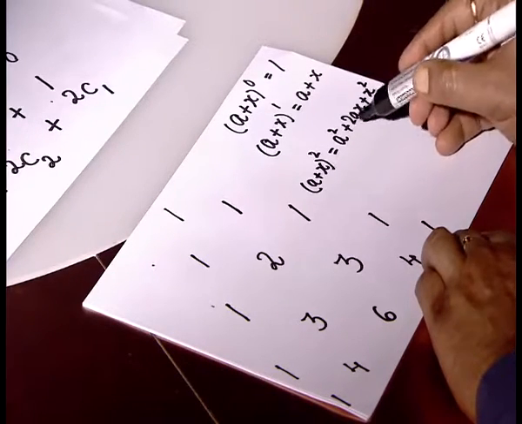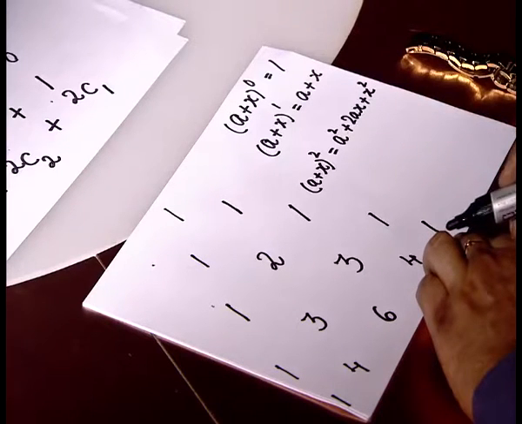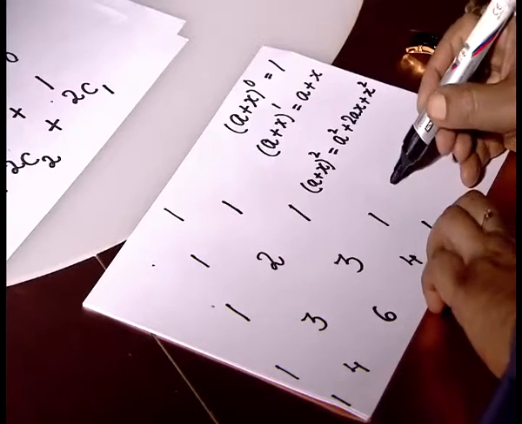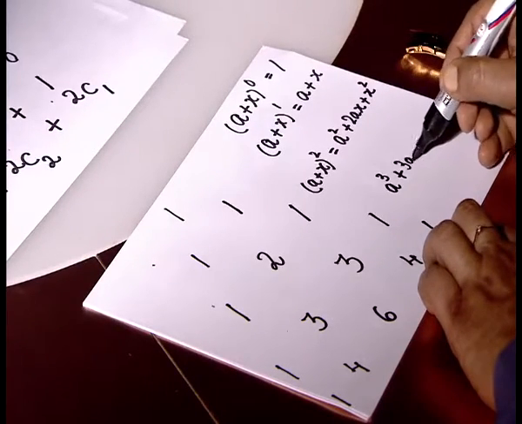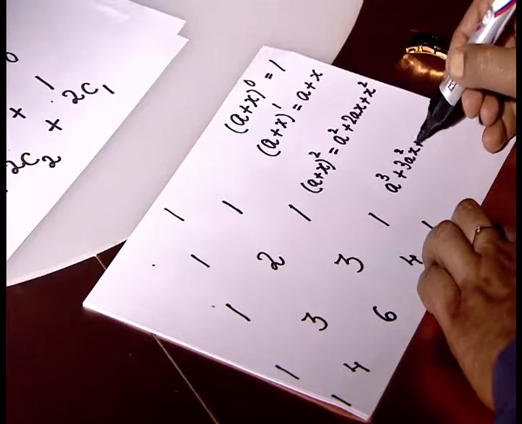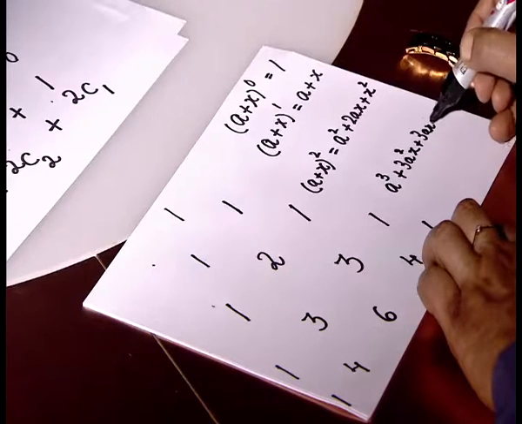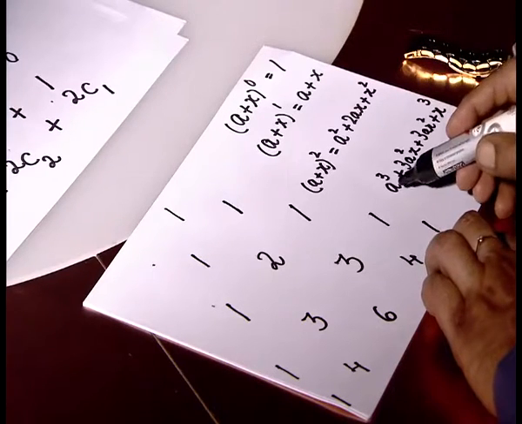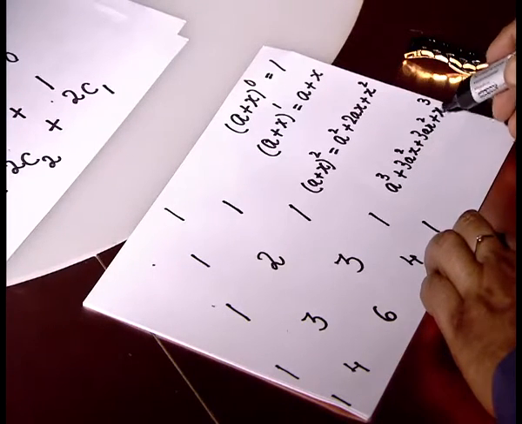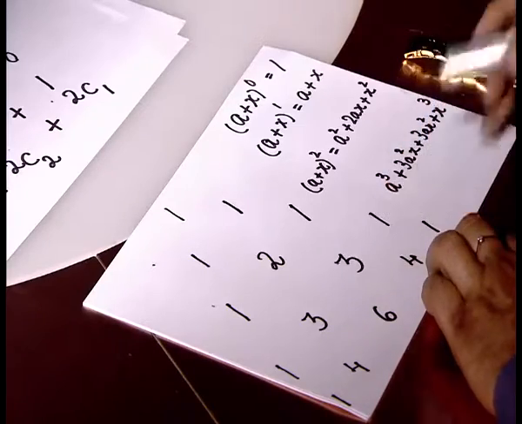So, 1, 2, 1. A plus x whole cube, what would have been a plus x whole cube? That would have been a cube plus 3a square x plus 3a x square plus x cube. So, the coefficients are 1, 3, 3, 1. See 1, 3, 3, 1.